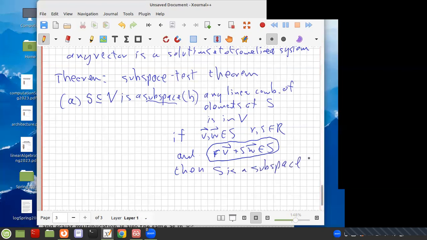So if you want to show something's a subspace, you just take a linear combination and show this.